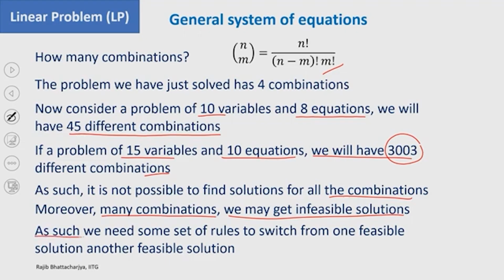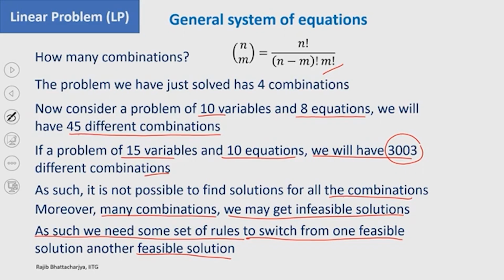As such, we need some set of rules to switch from one feasible solution to another feasible solution, because we need not evaluate all these combinations, as some of them will be infeasible.